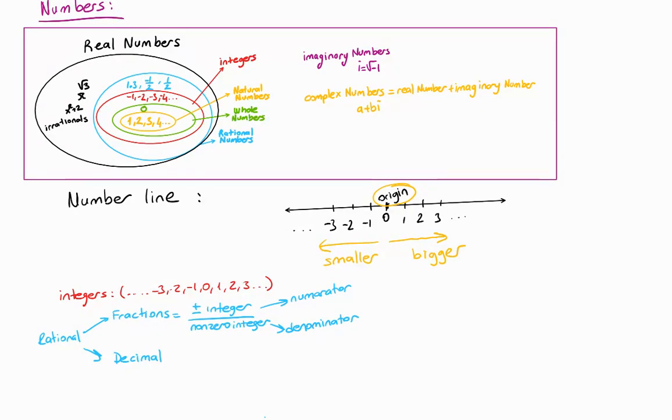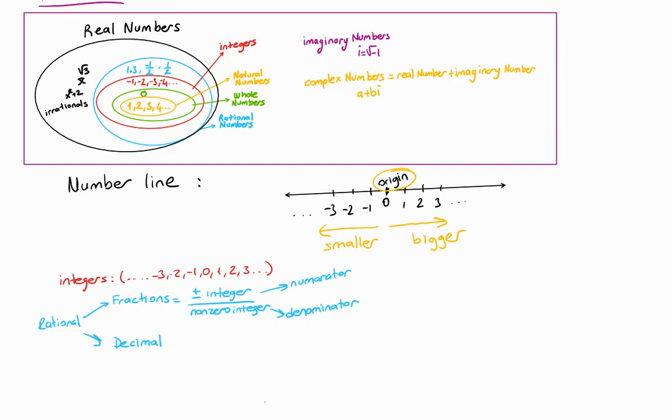When we include the negatives of these numbers, we will get integers. In the red part we can see the red circle. And when we add fractions, which are like 1/2 or -1/2 or 1.3, we said these are rational numbers.